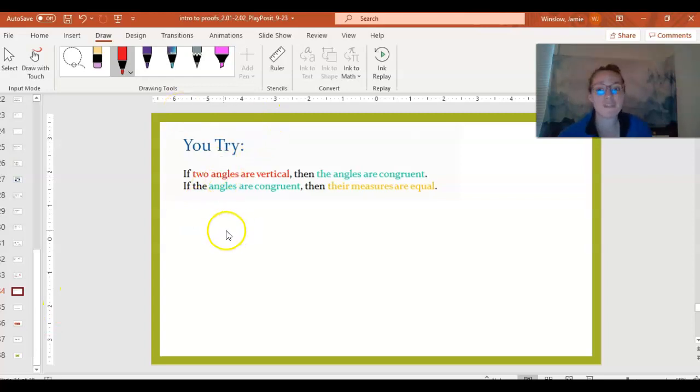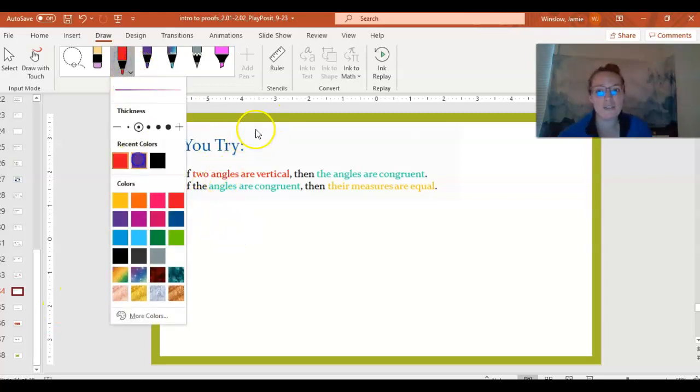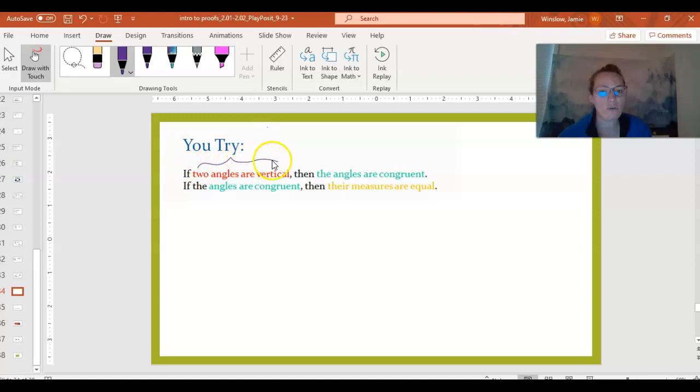Let's try again. If 2 angles are vertical, call that P, then the angles are congruent, Q. If the angles are congruent, there's Q again, then their measures are equal. We'll call that R. So P implies Q is that first sentence.